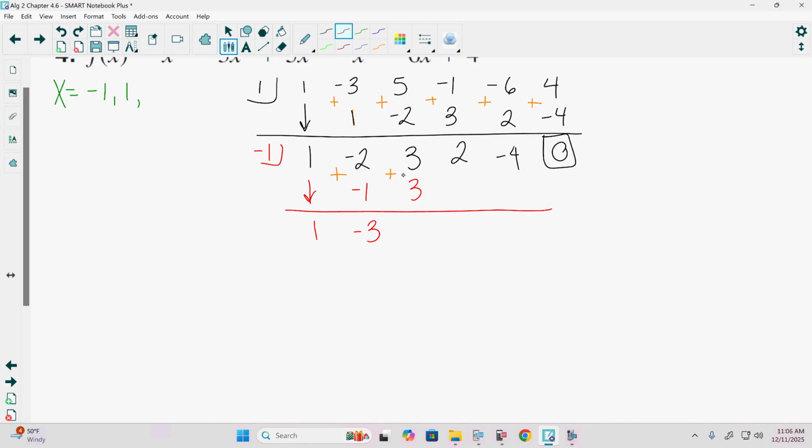And 3 plus 3 would give us 6. Negative 1 times 6 is going to be negative 6. 2 plus negative 6 is negative 4. Negative 1 times negative 4 is 4. And negative 4 plus 4 is 0.